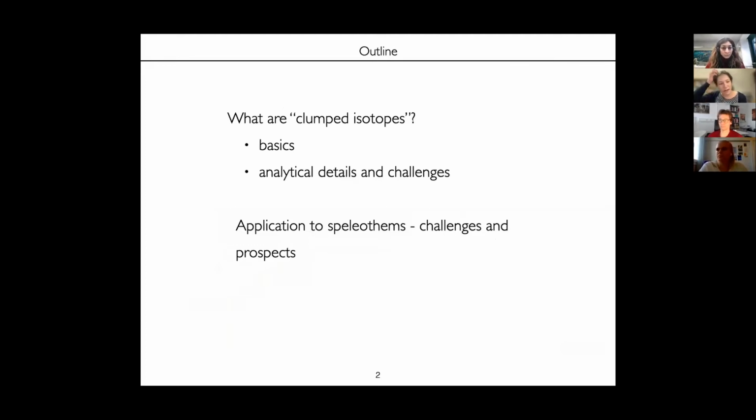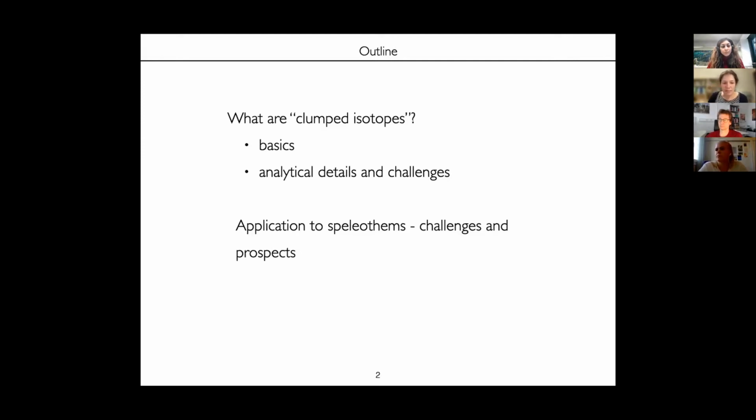But here I'll obviously focus on speleothems and show you some results that have been obtained with this method, but also talk quite a bit about the challenges and how we're currently tackling these. And these are, as I said, mainly about disequilibrium effects.